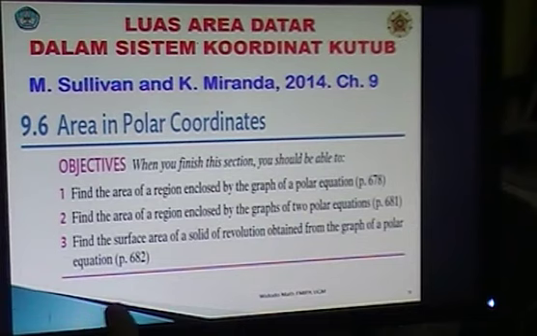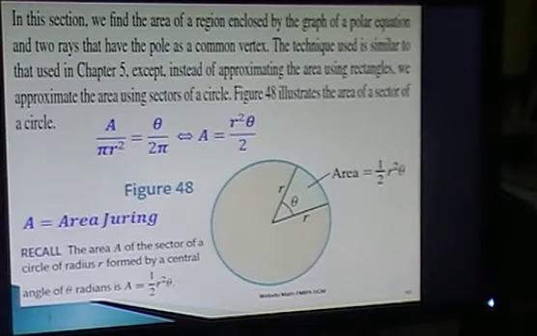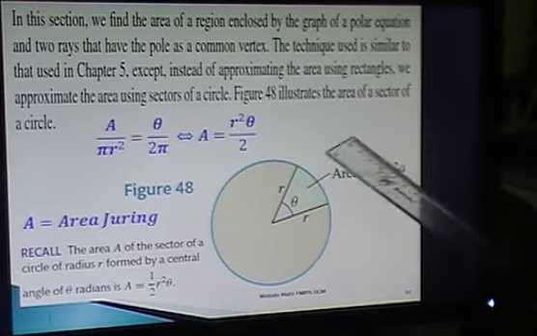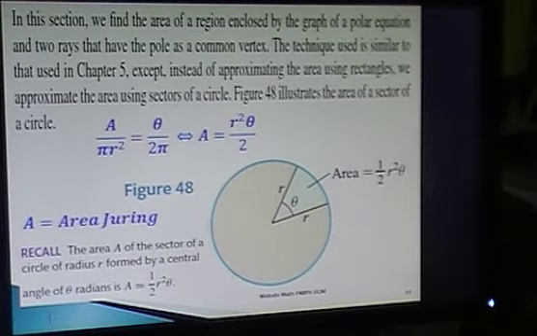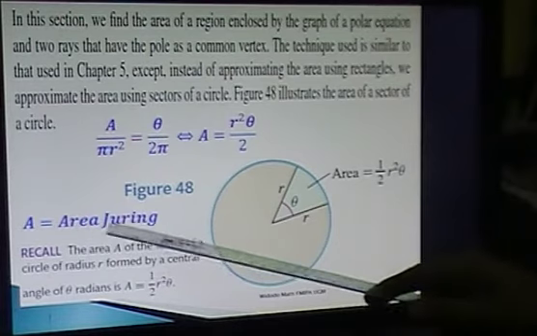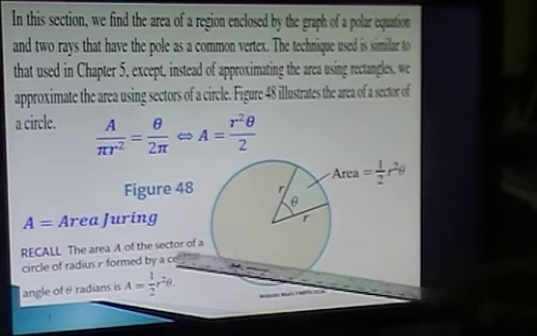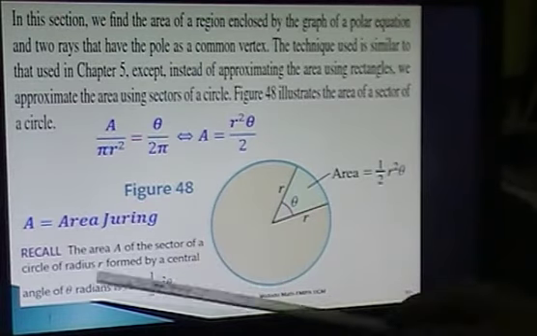For instance, in the book of Sullivan, we will see briefly the area in polar coordinates. By using the same reasoning, but it is in English, just by using the area of a sector. The area of a sector is actually a sector of a circle.